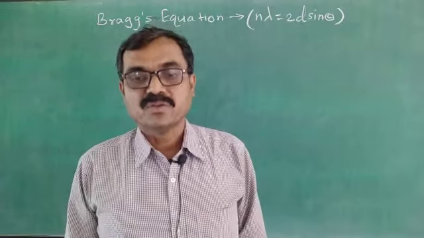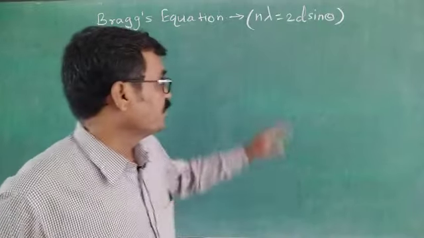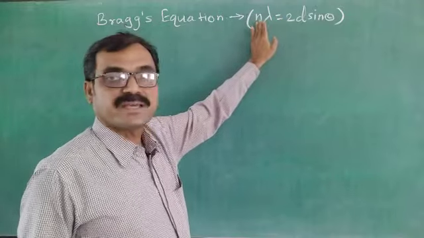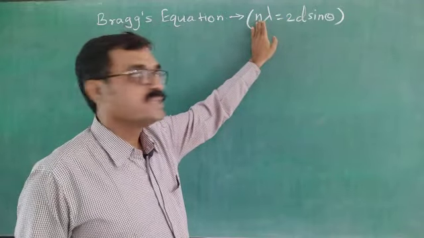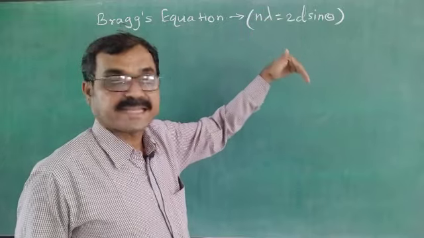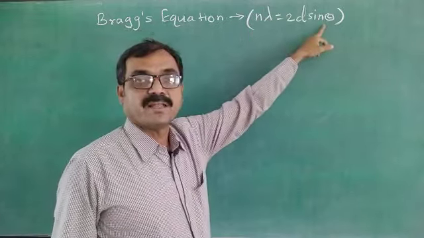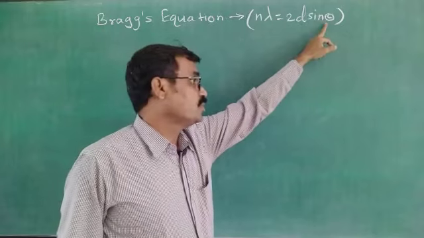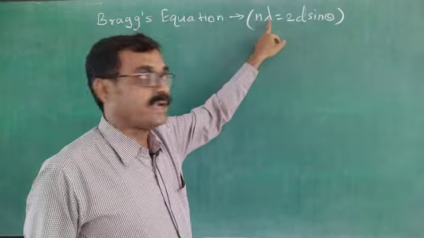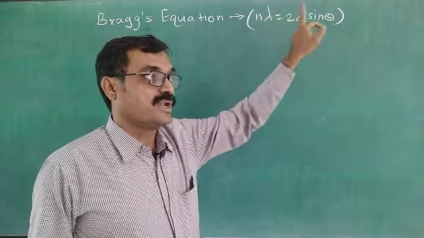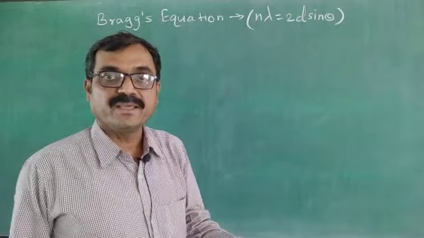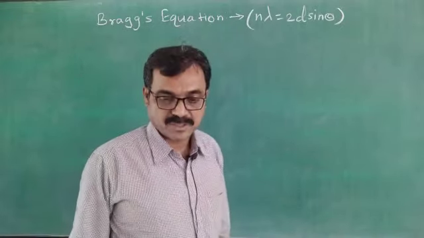That equation is known as Bragg's equation, which is n lambda equals 2d sin theta, where n is the order of reflection, lambda is the wavelength of the incident monochromatic X-rays, and theta is the glancing angle. If you know the glancing angle, the wavelength of the monochromatic light and the order of reflection, you are able to determine the value of small d. If you know small d, you are able to find out the crystal structure.